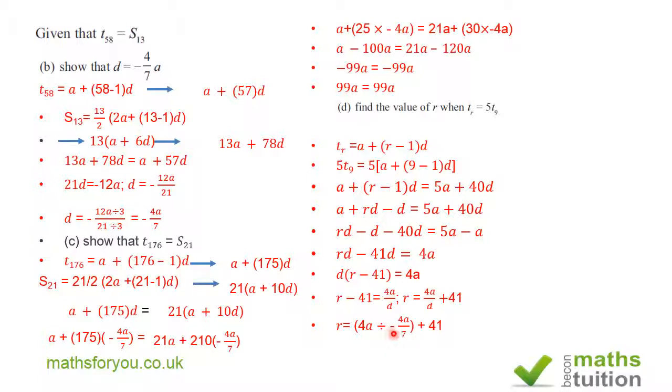So now r is equal to 4a divided by minus 4a over 7, and when you change this sign and invert, you end up with 4a times minus 7 over 4a. Now the 4a's cancel out, so you have just minus 7. So r is equal to minus 7 plus 41, which gives r equal to 34.